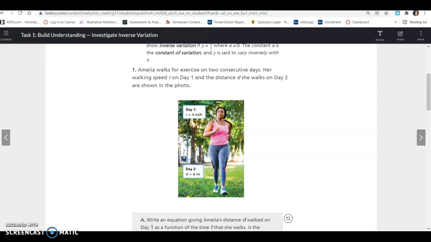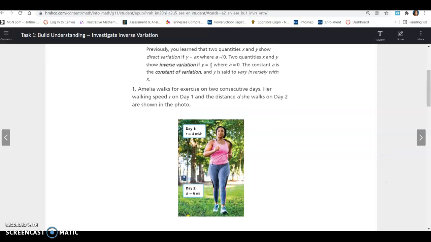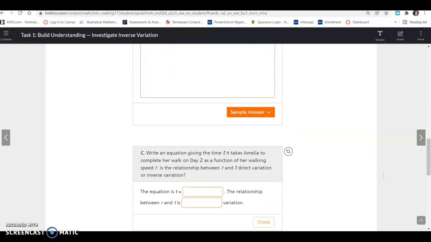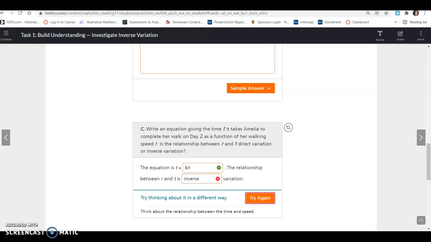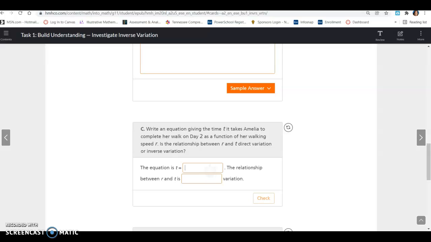So the equation is now going to be t equals 6 miles over whatever her rate is. All right. The relationship between r and t is inverse variation. Spelled it wrong. All right.